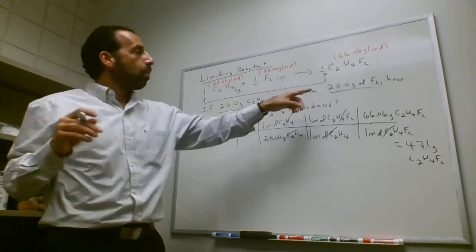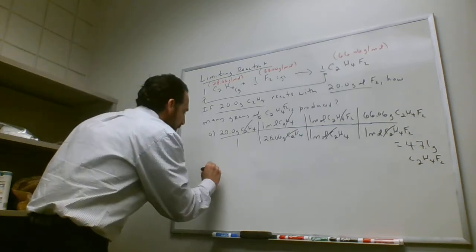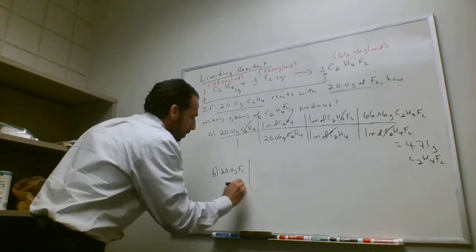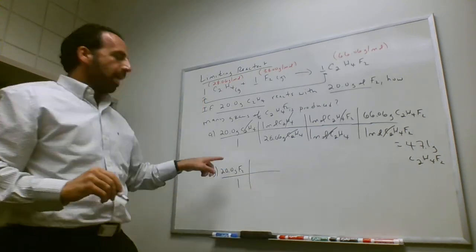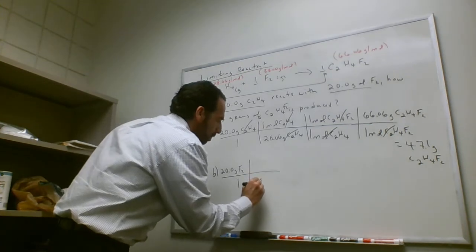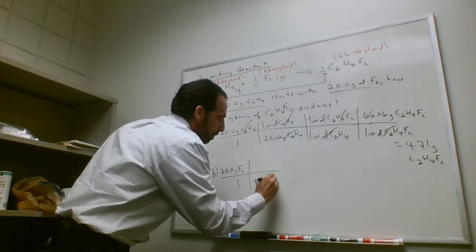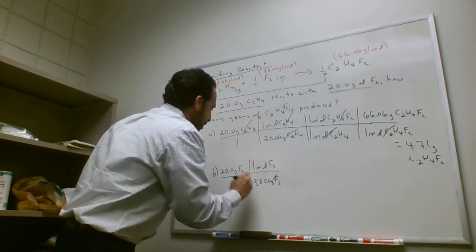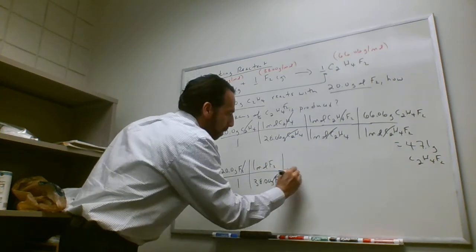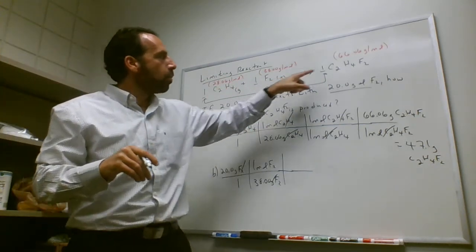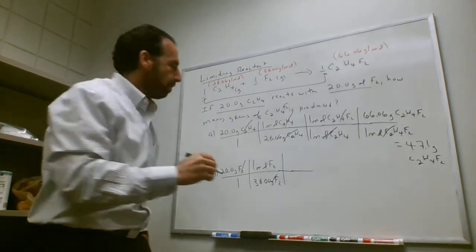Now I'm going to work it out with the F2. So again, I got 20 grams of F2. I'm going to convert it to moles. Again, this is all a 1-to-1 ratio for this one, so it's pretty simple. 1 mole of F2 produces 1 mole of C2H4F2.